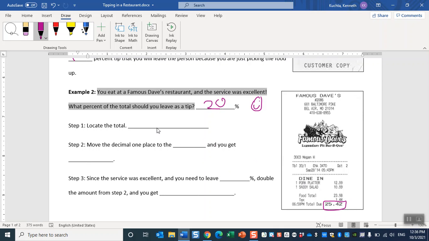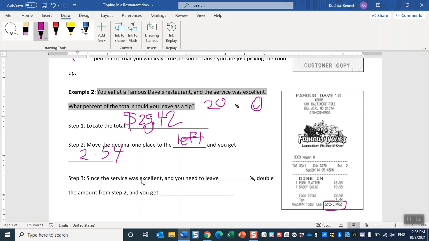So 25.42. Move the decimal one place to the left again, and you get 2.54. Okay, I'm moving this decimal one place to the left, and you get 2.54. You can ignore the 2, okay, because that does not round the 4 up.